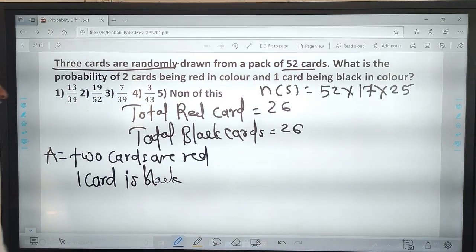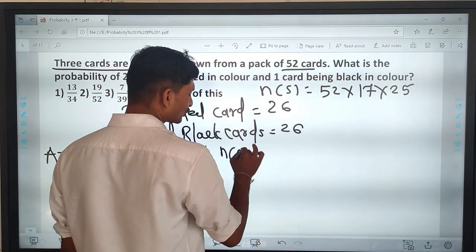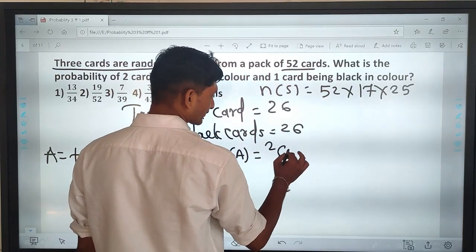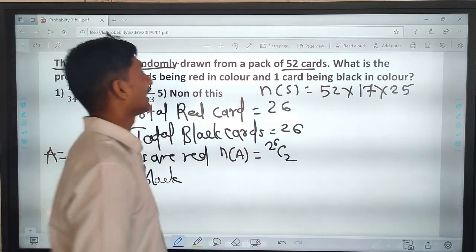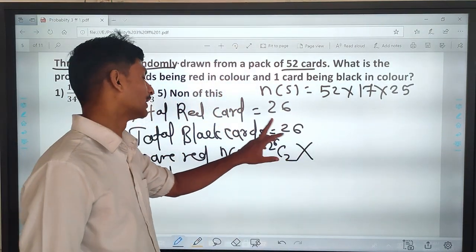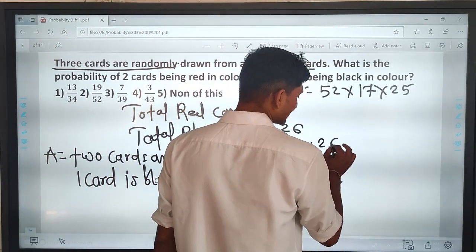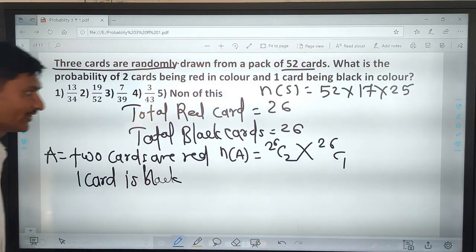But here we find n(A). n(A) is equal to, out of 26 cards, two cards are drawn, 26C2, and from the remaining 26 black cards, one card is drawn, 26C1.